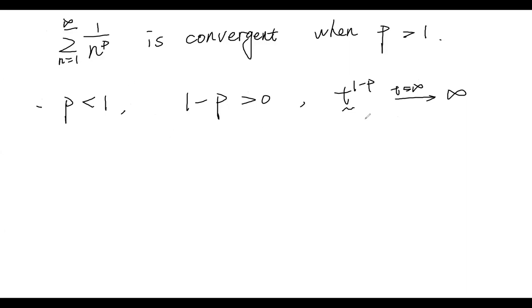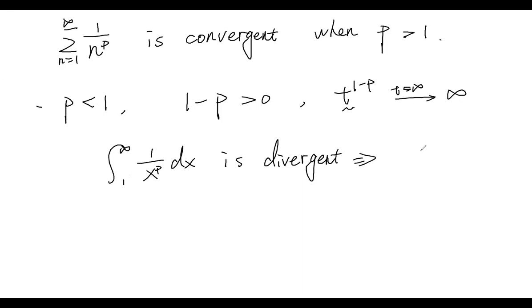So for this case, the integral from 1 to infinity of 1 over x to the p power dx is divergent. So the corresponding series, 1 over n to the p, is divergent when p is less than 1.